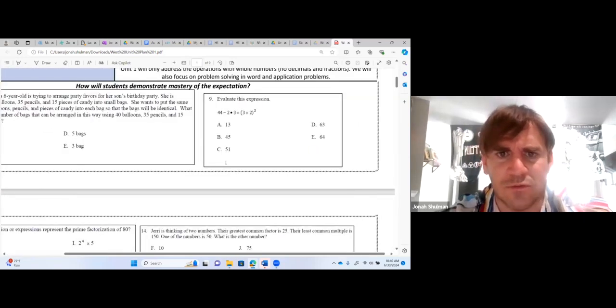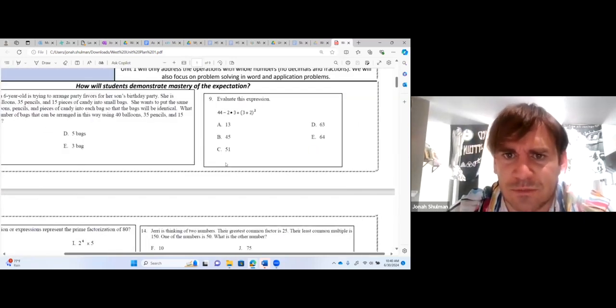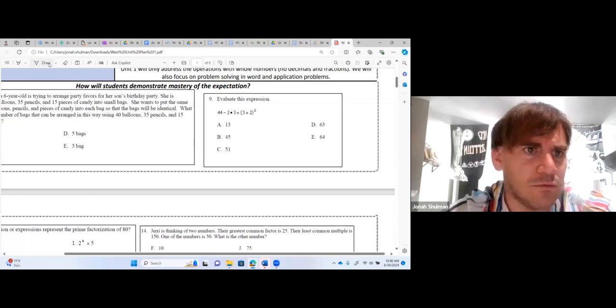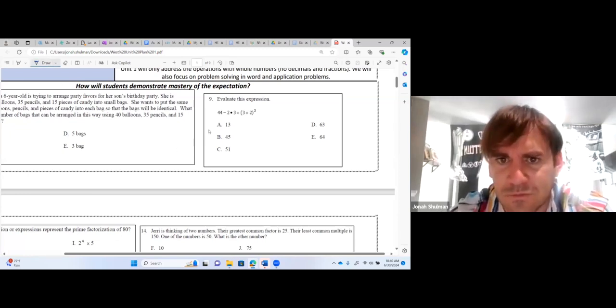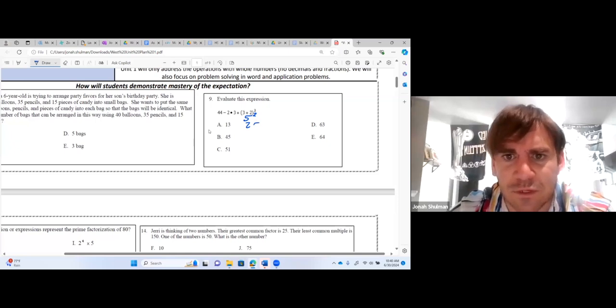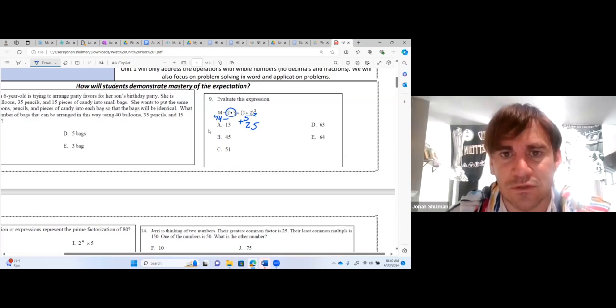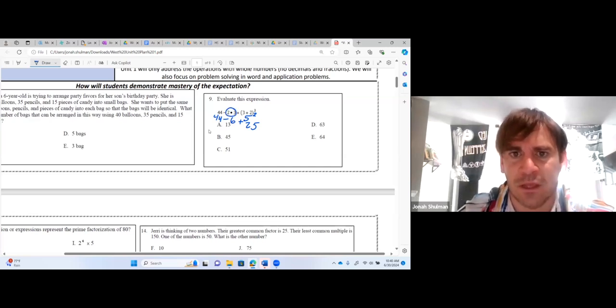And in case you want to do this one, it's 3 plus 2. I got to draw. So 3 plus 2 is 5. 5 squared is 25. So I have 25, and then I have a plus here. I got a 44 minus. So I've got to multiply this first. 2 times 3 is 6. So I'm left with 44 minus 6.